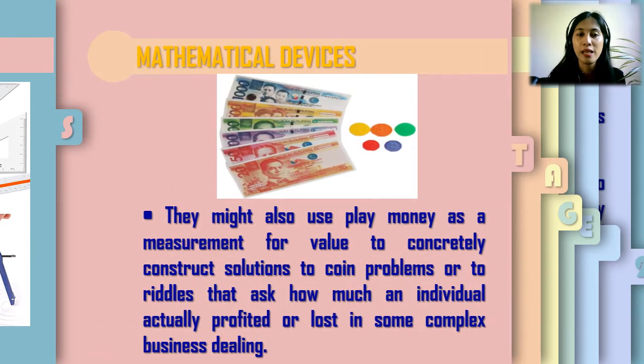Now, the next one, we have play money. It's a measurement for value to concretely construct solutions to coin problems or to riddles that ask how much an individual actually profited or lost in some complex business dealing.